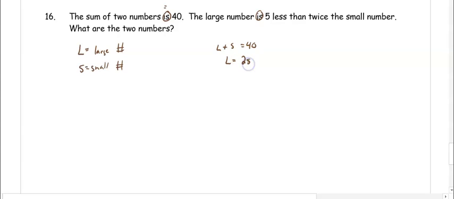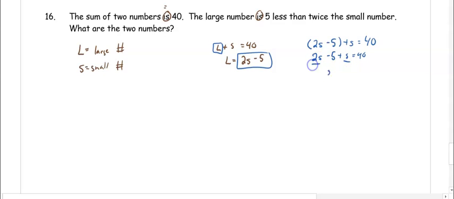So L equals 2S minus 5. So to solve for S, we can box what L is equal to, and we can substitute for L in the first equation. So we have 2S minus 5 plus S equals 40.